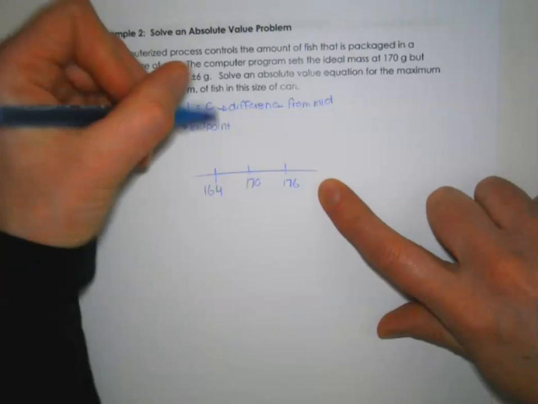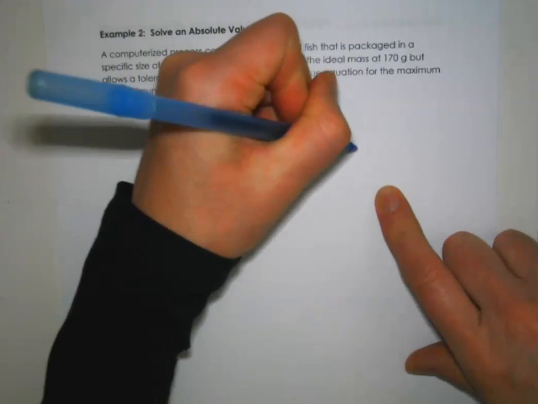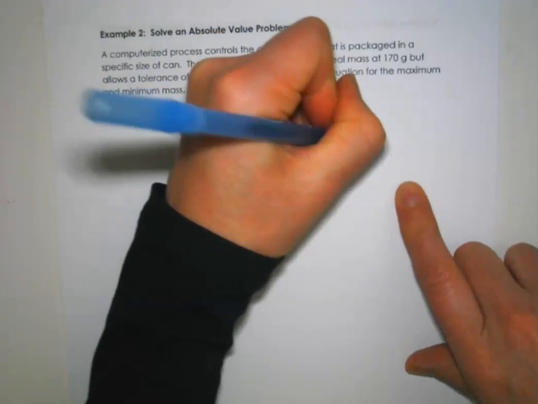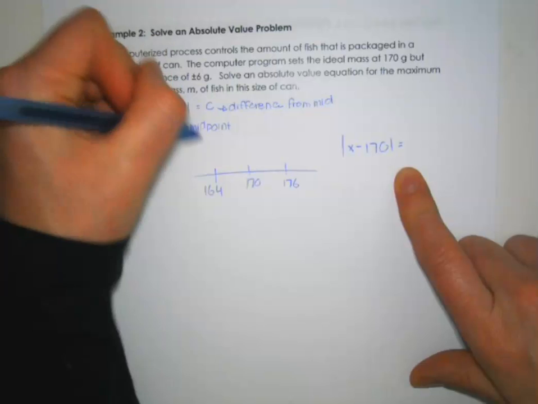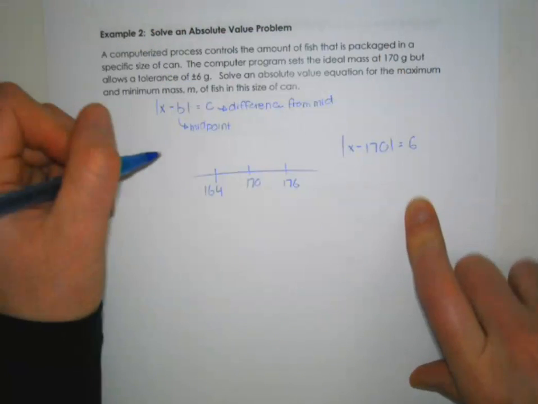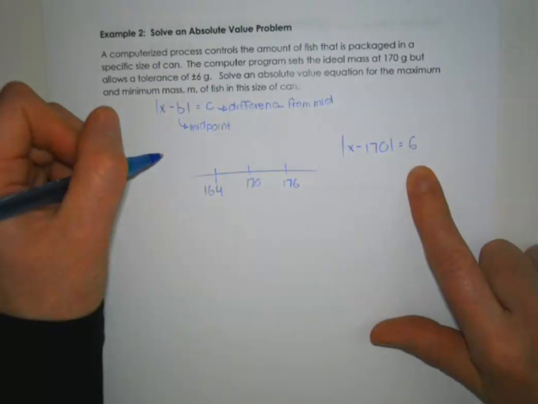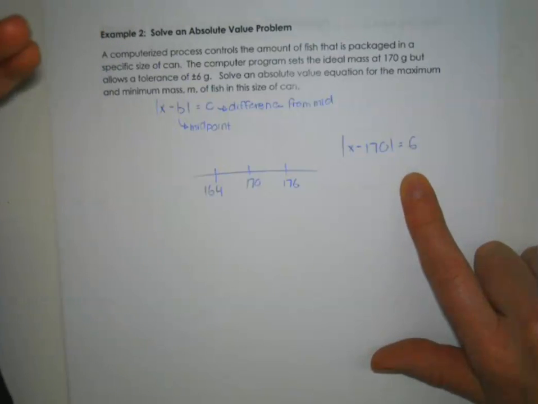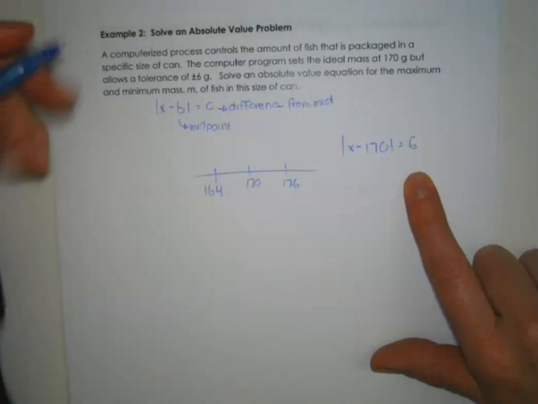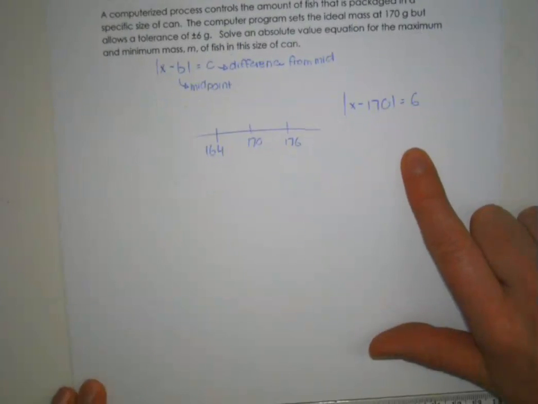So that would make our equation x minus the midpoint of 170 is equal to the difference from the midpoint, which was 6 units. Okay, so this is our equation for this particular word problem. Once we have our equation, all the steps are the same as the question that we just did.